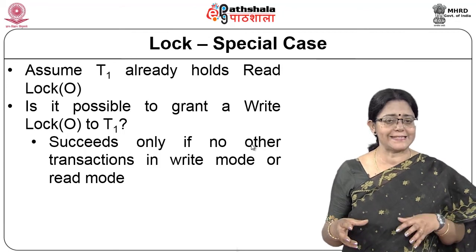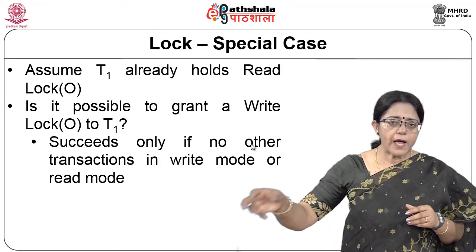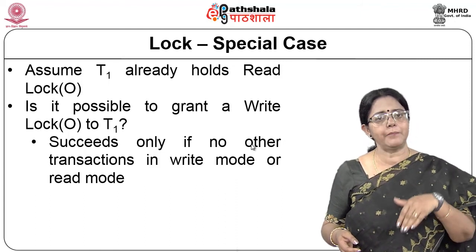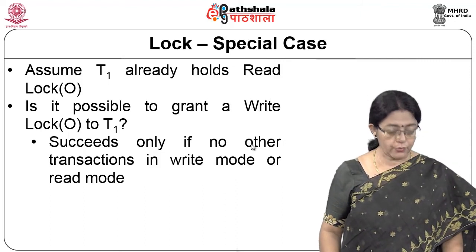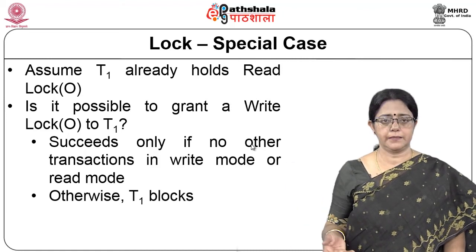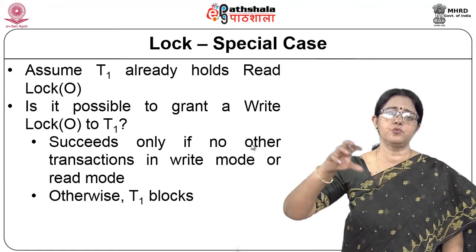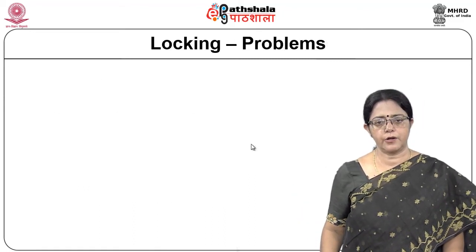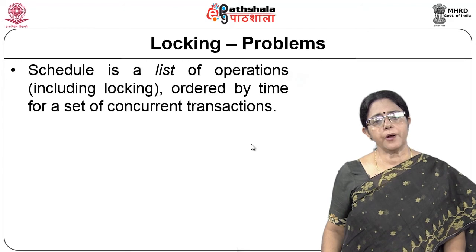So, one read is happening. If no other transaction has asked for a read, then a write by that same transaction will be allowed, but it will not be allowed if some other read is happening. If two transactions are reading, then T1 cannot ask for a write lock. So, what are the problems?